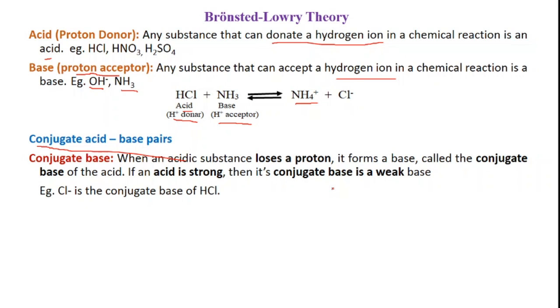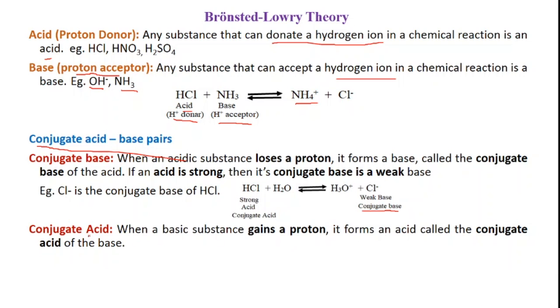For example, chloride ion is the conjugate base of hydrochloric acid. In the reaction of HCl with water, the acid donates a proton to water and forms hydronium ion, and the remaining portion of the acid, that is Cl minus, becomes the base. So it is considered the conjugate base of HCl.